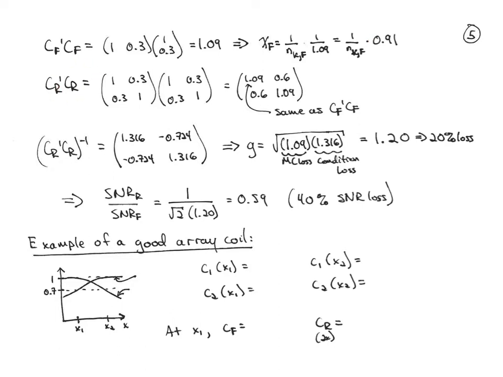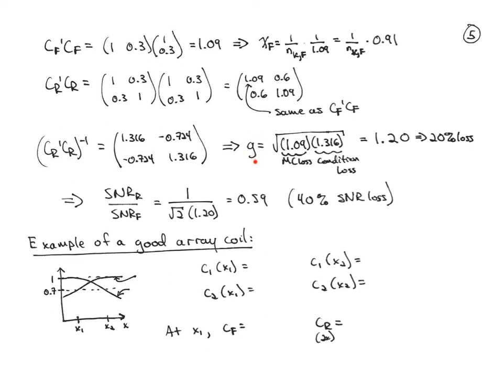Likewise, we can multiply C_r transpose C_r. This is now a 2 by 2 matrix, and a 2 by 2 matrix multiplied by itself also gives a 2 by 2 matrix. Note that this term is equal to this term, the first entry is the same in both. But in the G factor equation, we have to invert this and then take the first entry. So we invert this, we get this equation, which you can also do analytically.